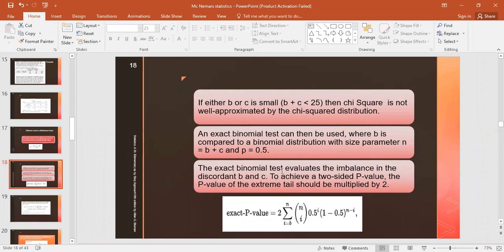The exact binomial test evaluates the imbalance in the discordant B and C. To get a two-sided p-value, we multiply the exact p-value by 2.